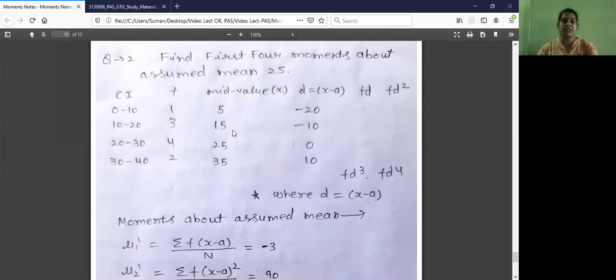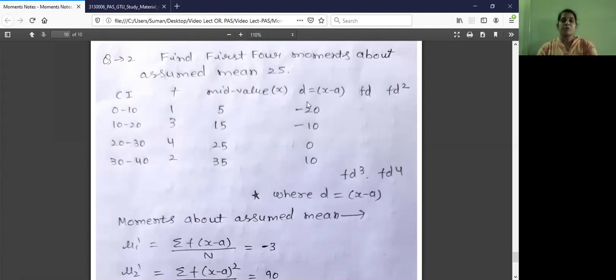We consider 15 or we consider 25, but according to our frequency the rule is, the largest frequency is 3 or 4. So according to 4, the mid value is 25. So we consider our assumed mean A is 25.